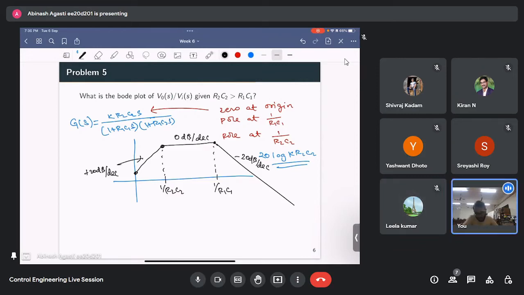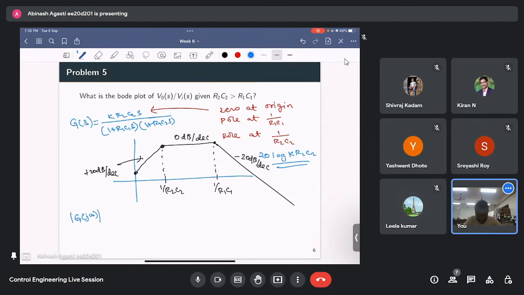Okay. So the way we plot Bode plots, this is basically the G j omega, right? This plot.